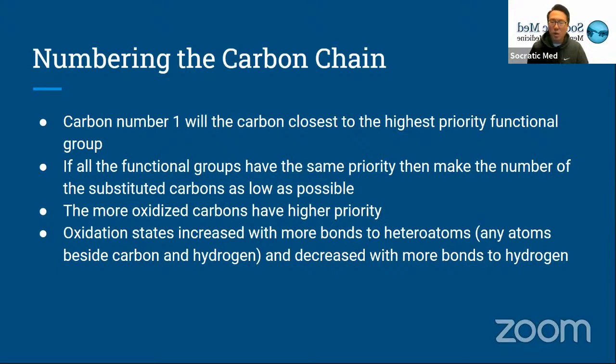So the more oxidized carbons will be the ones with higher priority. They'll have more bonds to oxygen, nitrogen, all those electronegative elements, and that will cause them to have a higher priority functional group when compared to carbons with only bonds to hydrogen or no substituents at all.